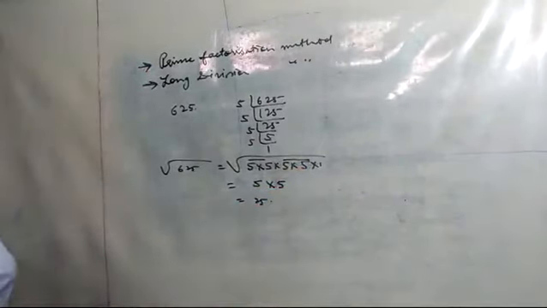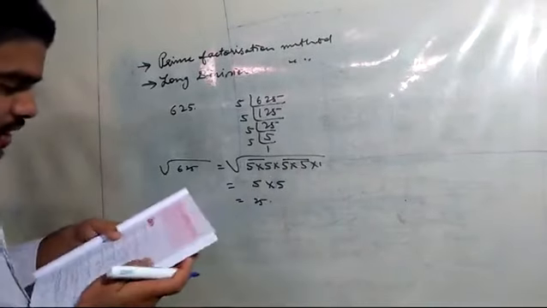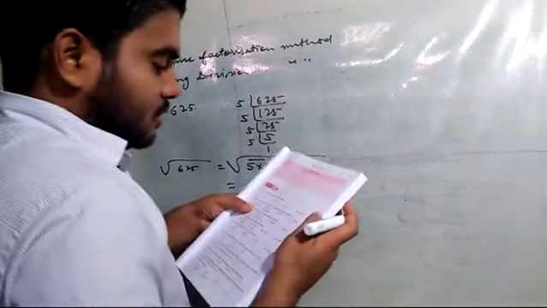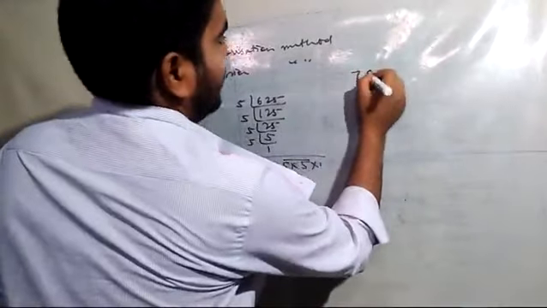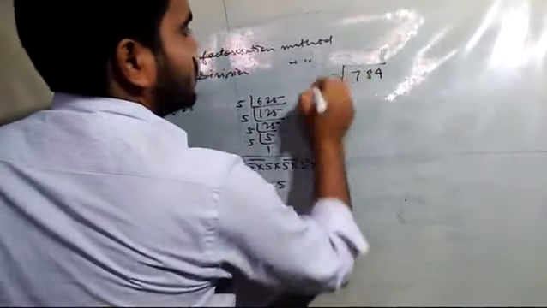Now in the same way, in our textbook we have sums like 784. We have to find the square root of this.